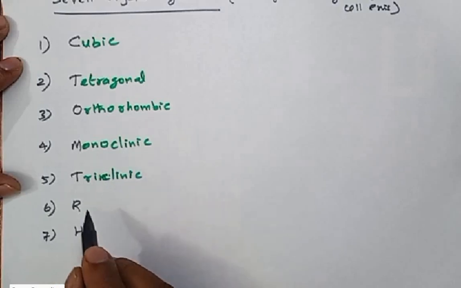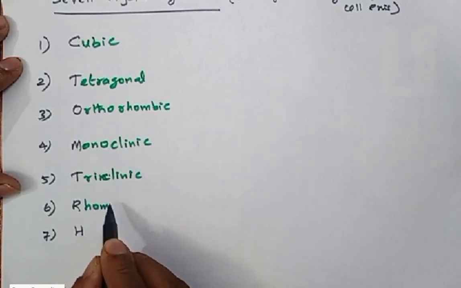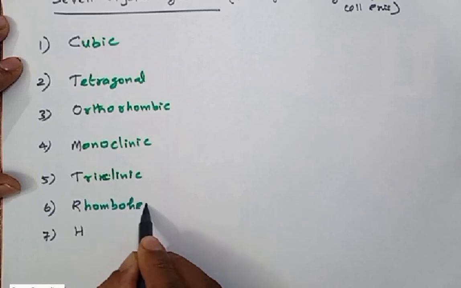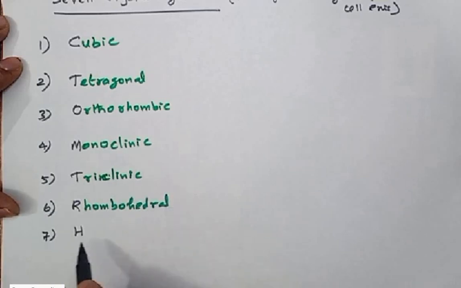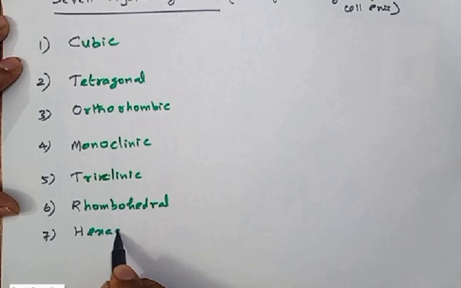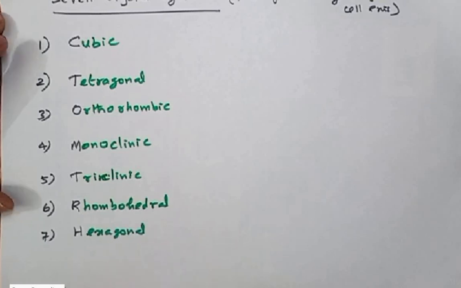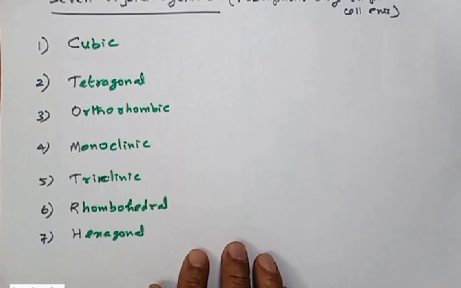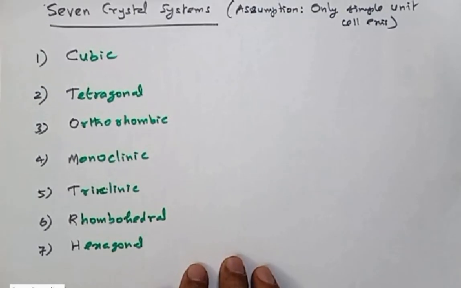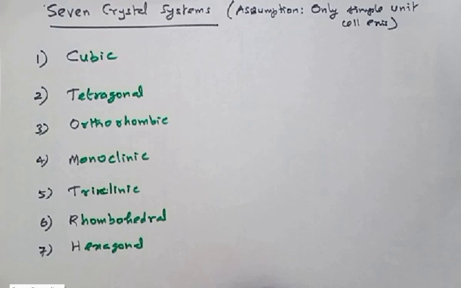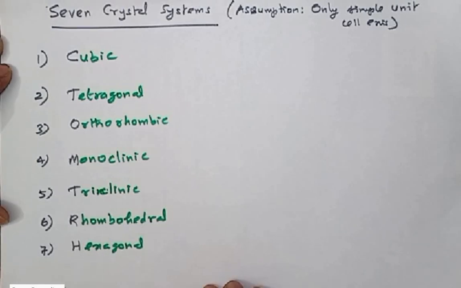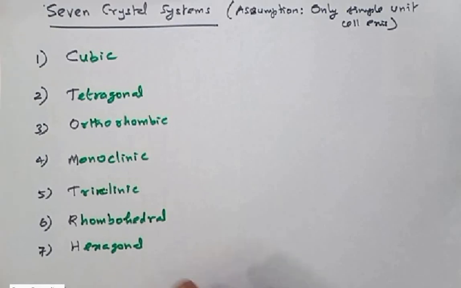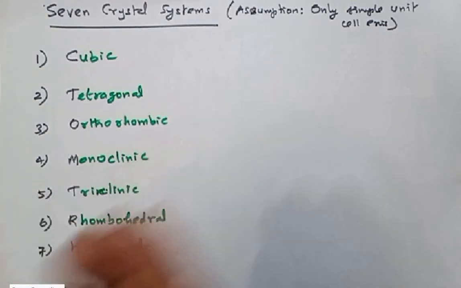R means rhombohedral crystal system, and H means hexagonal crystal system. Okay, so in 7 crystal systems, we have these 7 different types: cubic, tetragonal, orthorhombic, monoclinic, triclinic, rhombohedral, and hexagonal. Now I'll give you the details about the parameters.